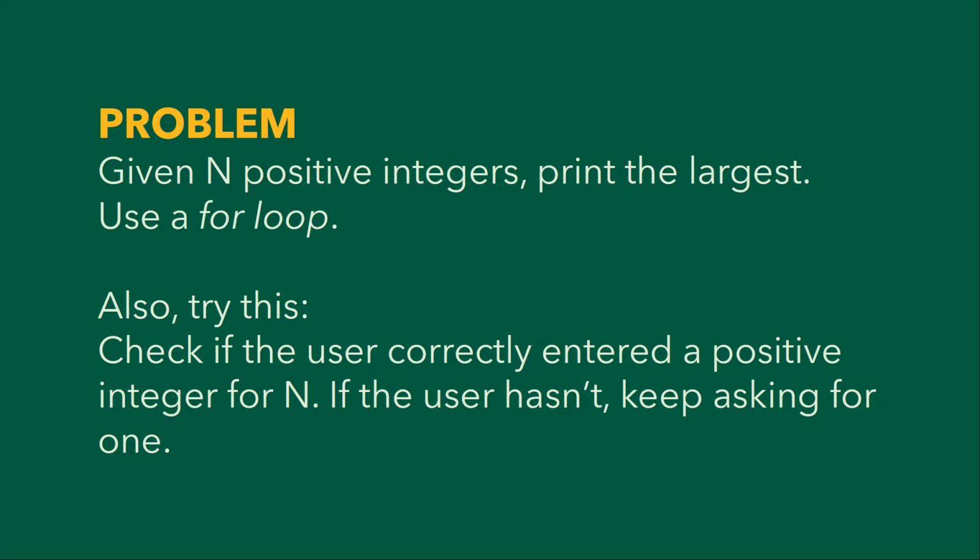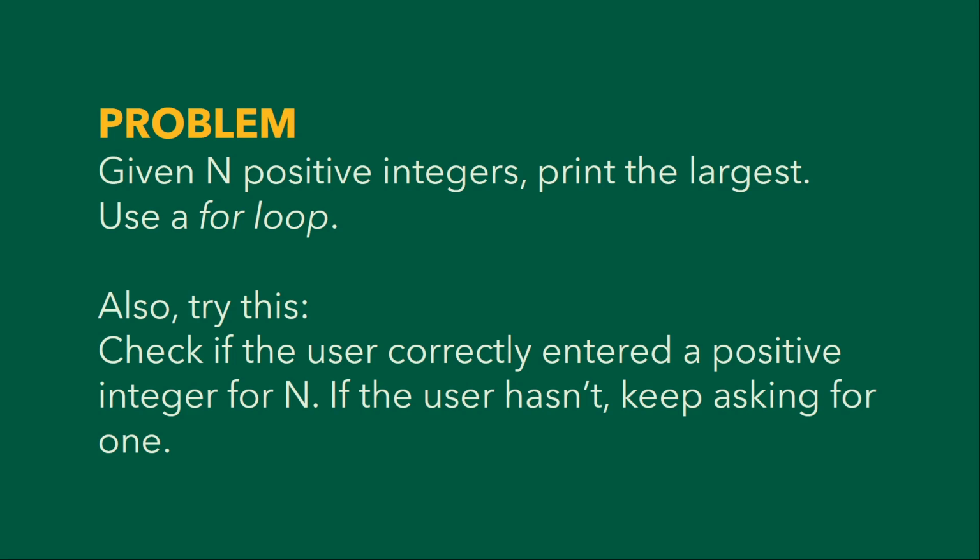So now, try this problem on your own. Given n positive integers, print the largest. Use a for loop. Also, try this. Check if the user correctly entered a positive integer for n. If the user hasn't, keep asking for one. For example, so you need to ask the user for how many numbers, right?